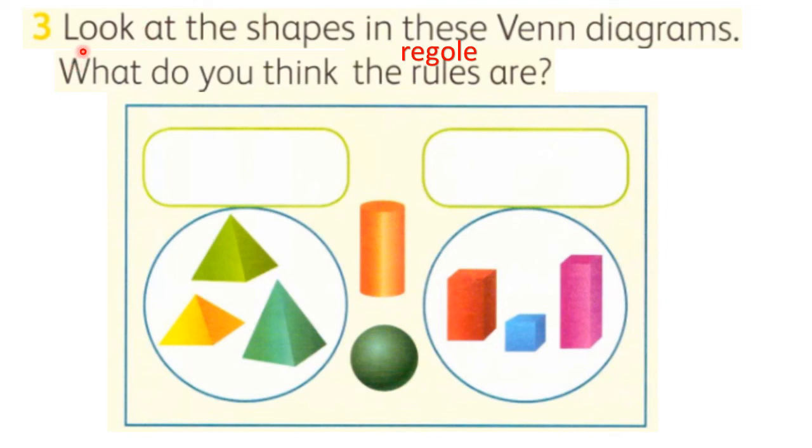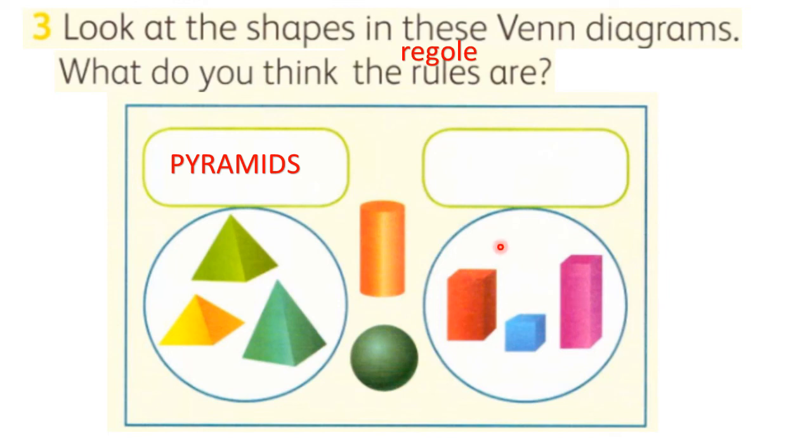Question number 3. Here we have the first diagram with a pyramid. This is a pyramid too, and here we have a pyramid. So in this group, the rule is pyramids. In the second group, we have a cuboid, we have a cube, and there's another cuboid.